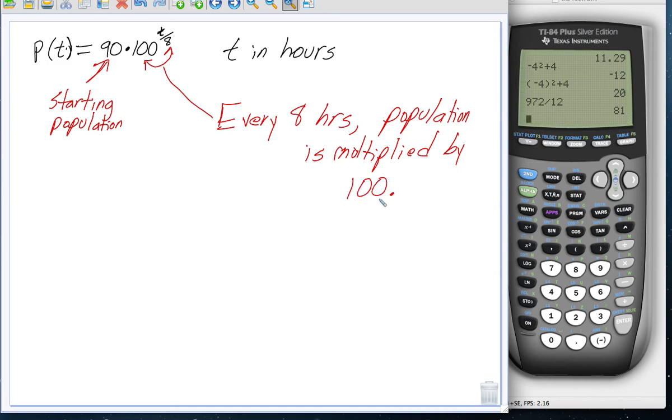If we want to know what it is after a certain time, we just plug that time into this equation and solve it. But I want to make sure we understand that what this means is we're multiplying by 100 every 8 hours. And here's where we started.